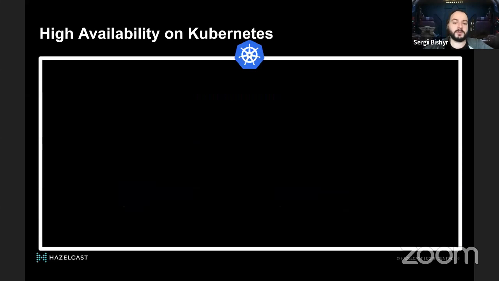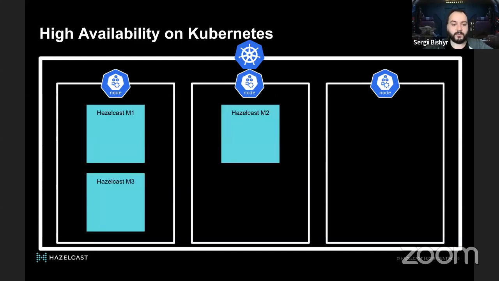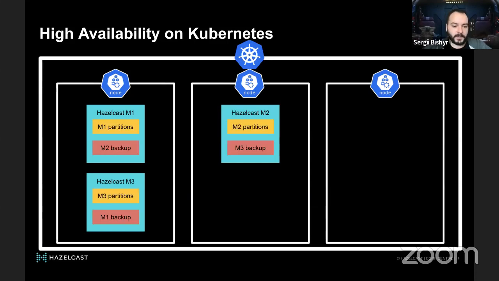But things get more interesting with Kubernetes, because in Kubernetes we have nodes, and one Kubernetes node could contain more than one member. If we have the same setup with 3 members, with data partitions and the backup of this data, what happens if one node fails?